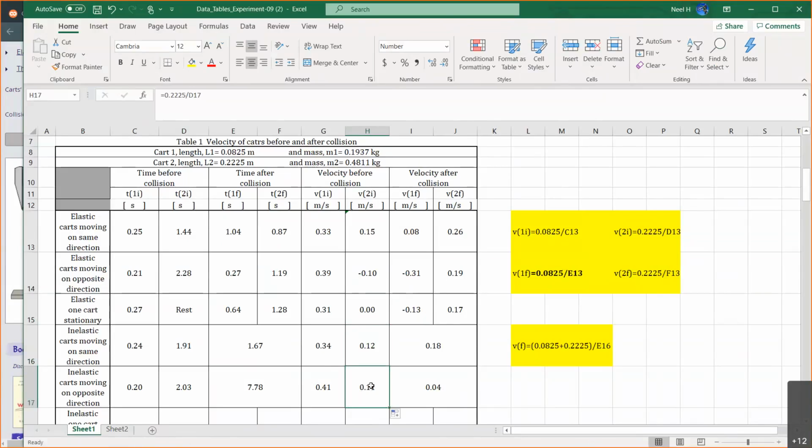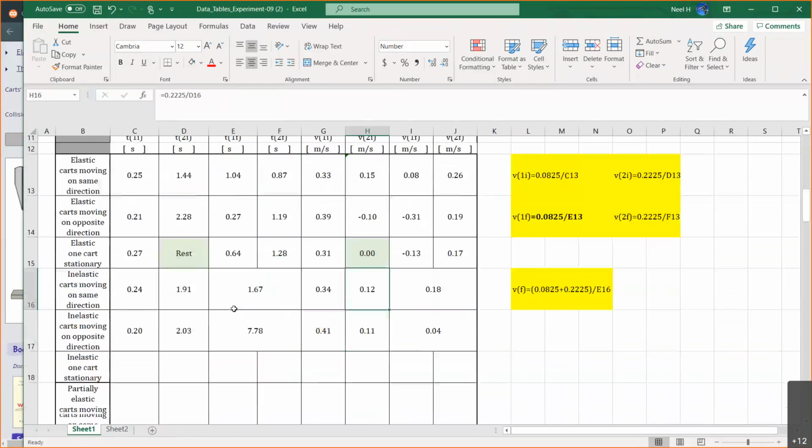You should not get anything larger than 1, because in this simulator the velocities are very small. Make sure you correct this one, because in this particular green cell we purposely added 0, so the cell underneath, if you click and drag, doesn't have the right calculation. The calculation is the same as cell H14, for example, but you have to really do it again. Okay. Question.